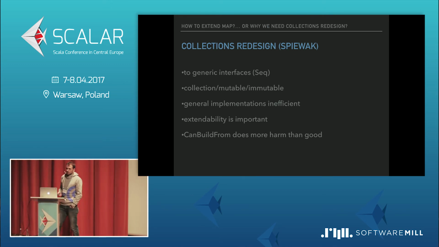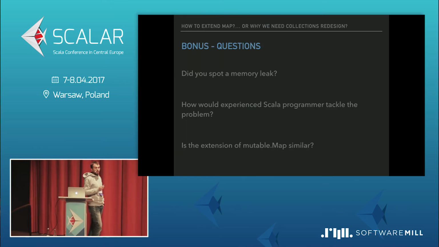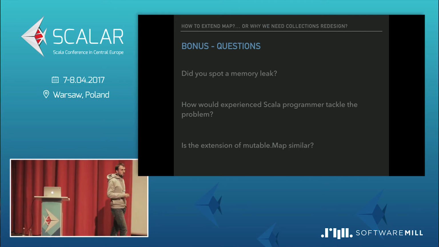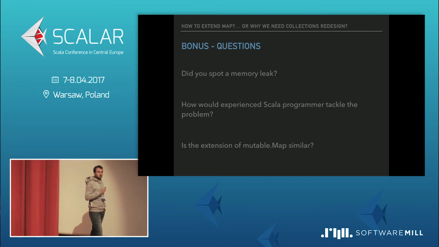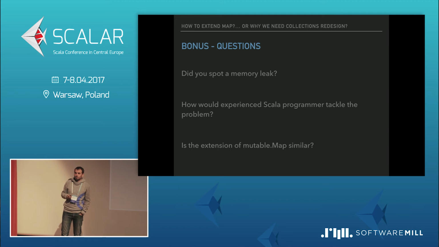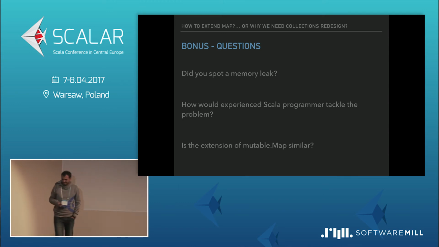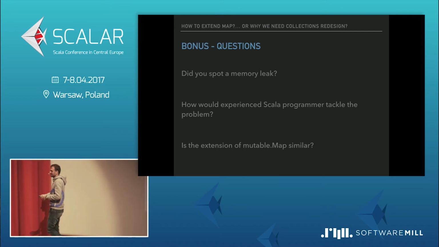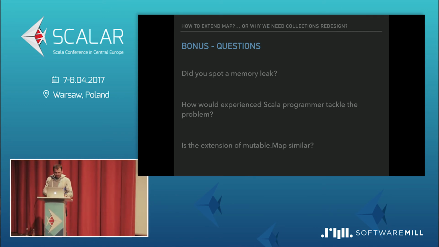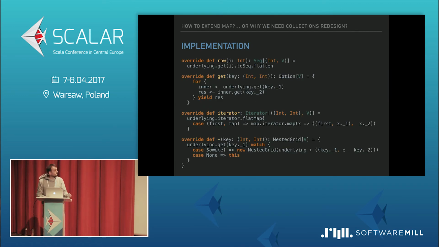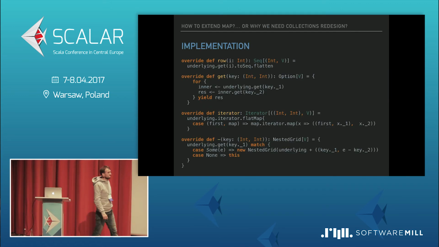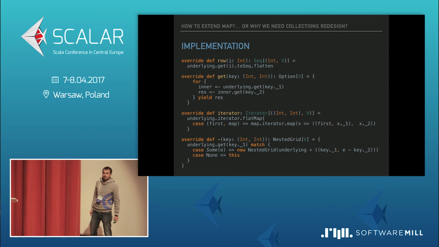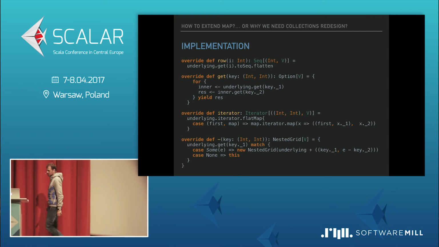Okay, so I told you there will be questions at the end, so here they are. Did you spot a memory leak in my implementation? Did you? Okay, I will show it to you. Here it is. Can you see it now?